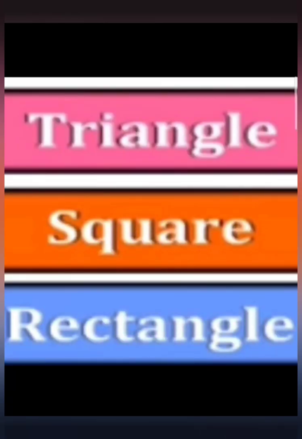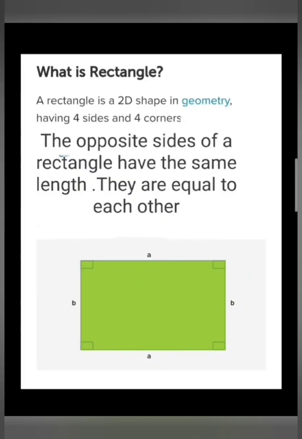Let us revise what you have learnt in our previous maths class. We have learnt about triangles, square and rectangles. Let us revise. What is a rectangle? A rectangle is a 2D shape having 4 sides and 4 corners. Remember, the opposite sides of a rectangle are equal to each other.